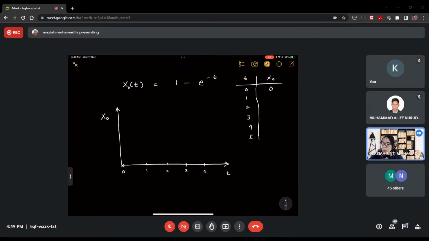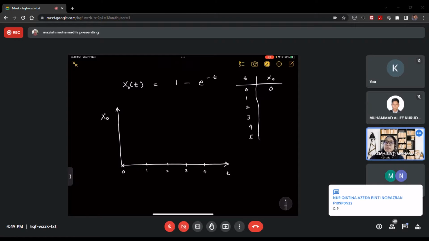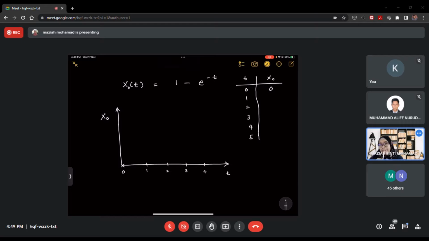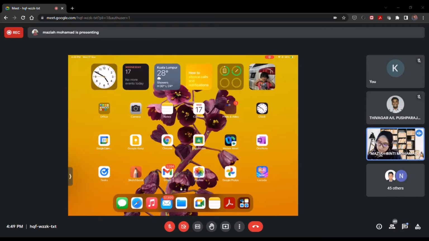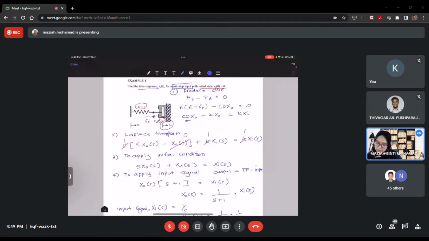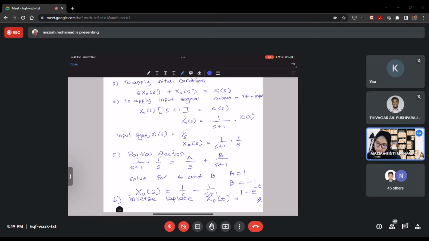Can anyone give the value for t equal to 1? 0.9, Doctor. 0.9? Something is wrong. Let me check the solution. Check B again.